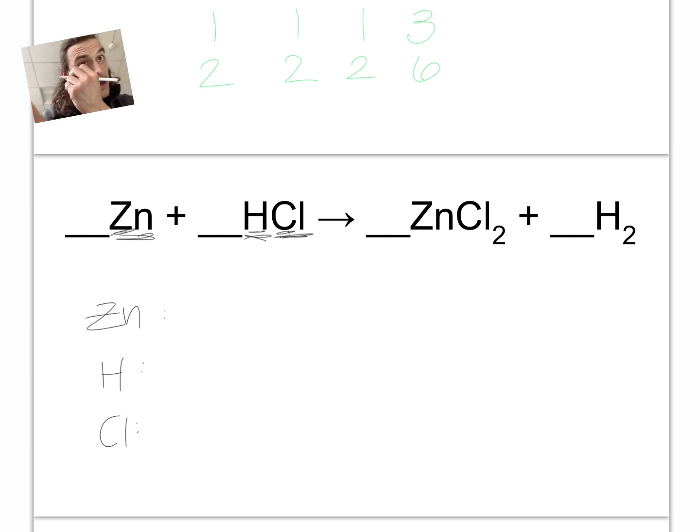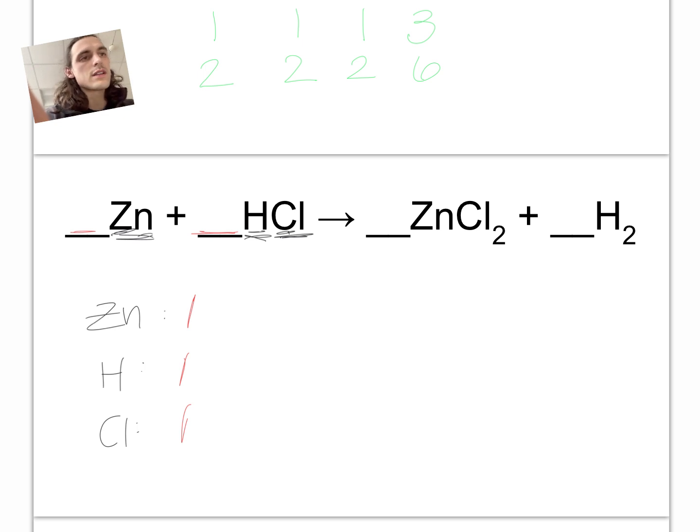That's just the way atomic symbols go: a capital and a lowercase, or just a capital by itself, H for example. Looking at this, I have 1 Zn, because I could put a 1 there, but I don't need to. It's implied. I have 1 H, and I have 1 Cl. This blank we'll fill in a moment, but for now, just 1, 1, 1.